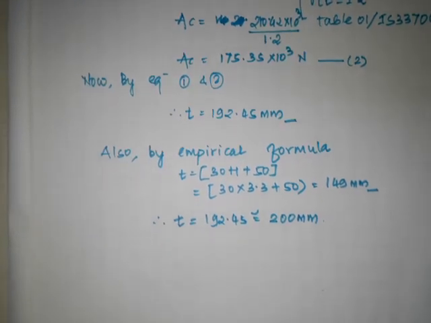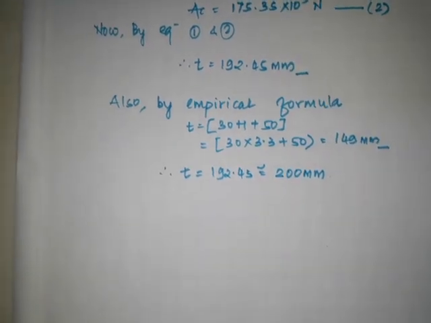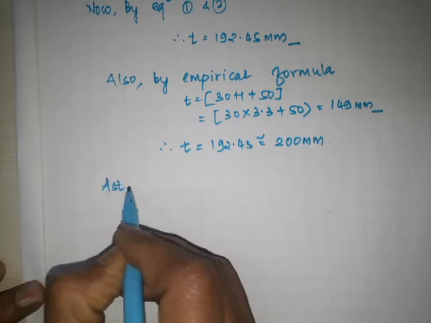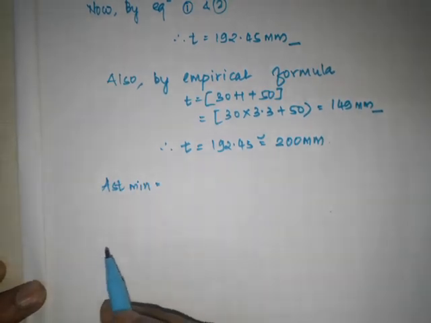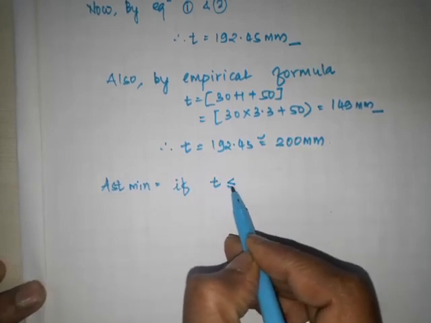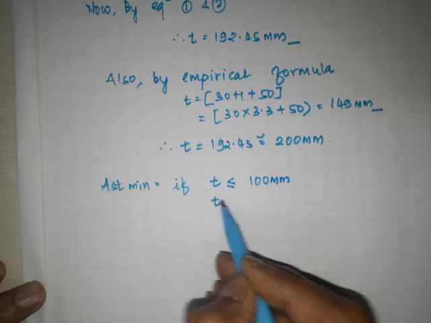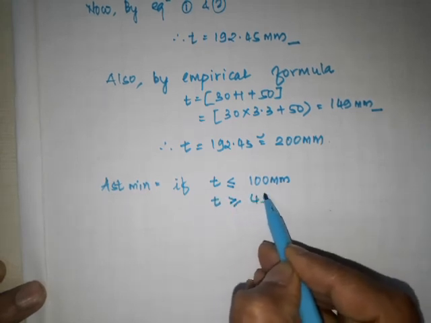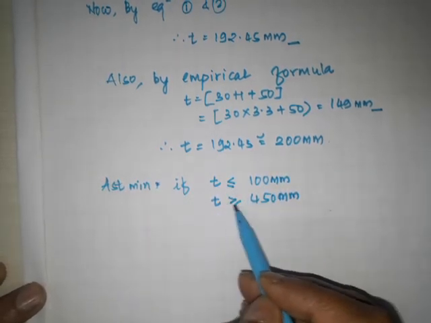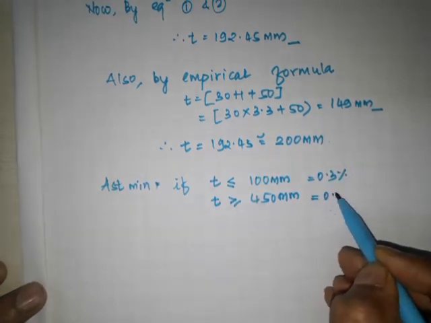Then next is AST minimum. Already we have calculated AST, but also you have to check for AST minimum. So for that, AST minimum is given for a range: if T is less than or equal to 100 mm and T more than or equal to 450 mm, it will be 0.3% and 0.2%.